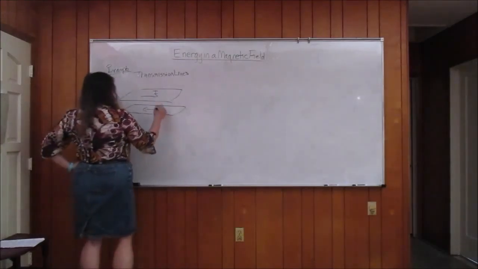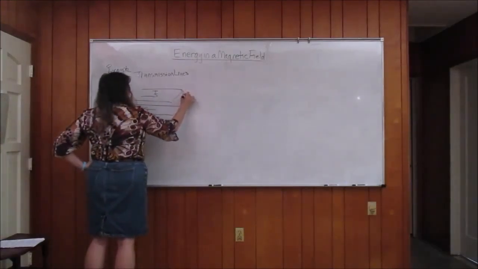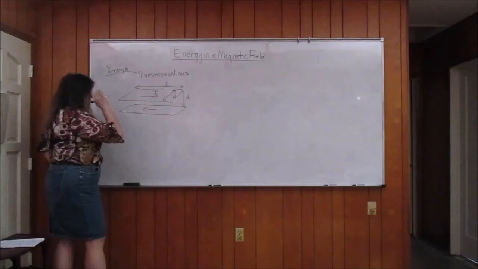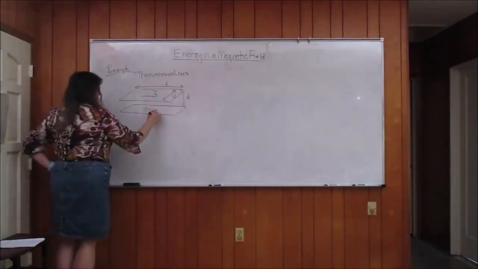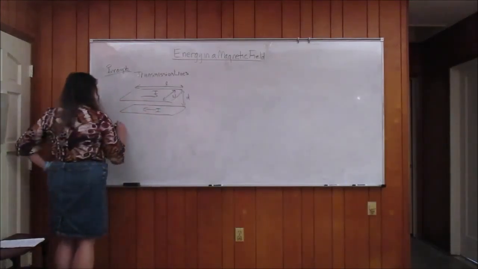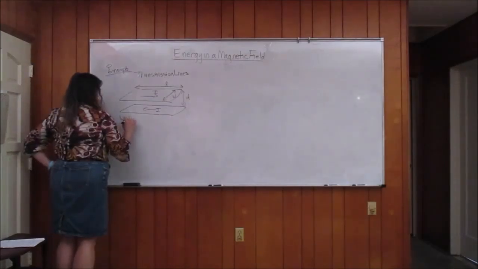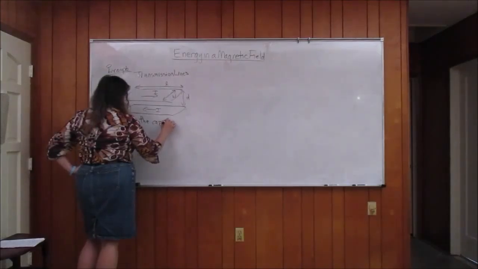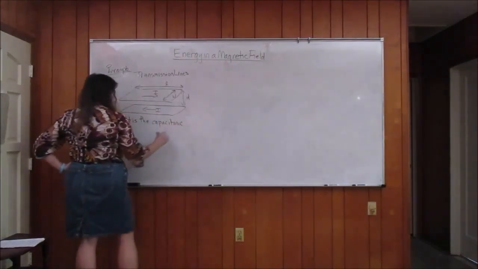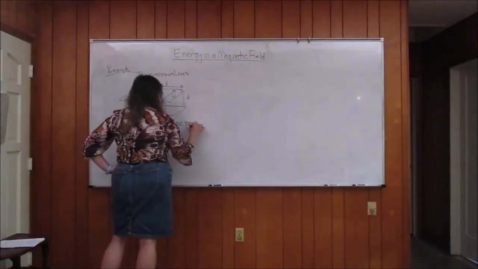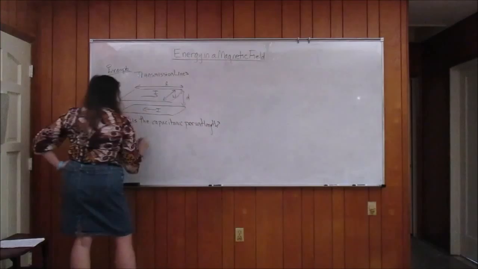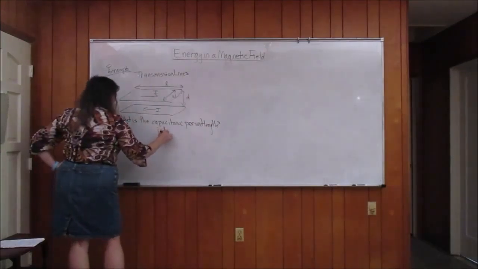So we'll assume that they're separated by a distance d, their length L, and width W. My goal here is to calculate what is the capacitance per unit length, and then what is the inductance per unit length.